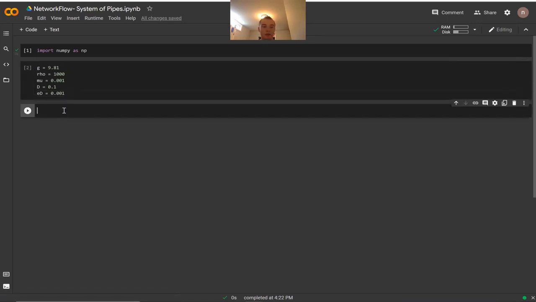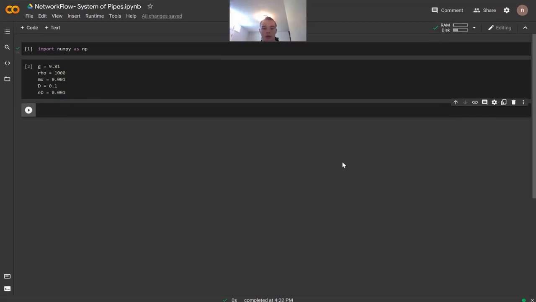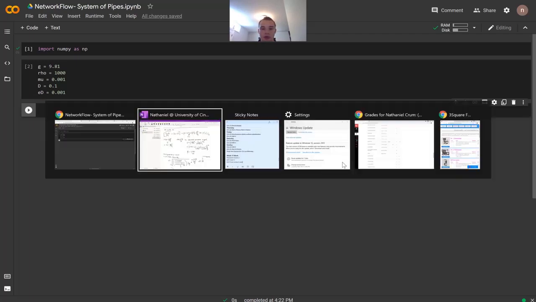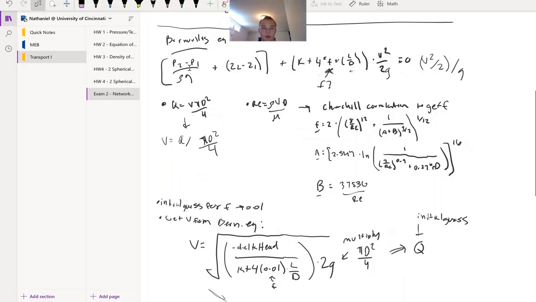So that's our initial imports. And now what we're going to do next is look at Bernoulli's equation in order to calculate what we want to do. Going back to our notes here, we have P2 minus P1 over rho g, plus Z2 minus Z1, the change in height, plus K plus 4 times F, which is the friction factor, times the length over the diameter, times velocity squared over 2g, acceleration due to gravity, and that will be equal to 0.